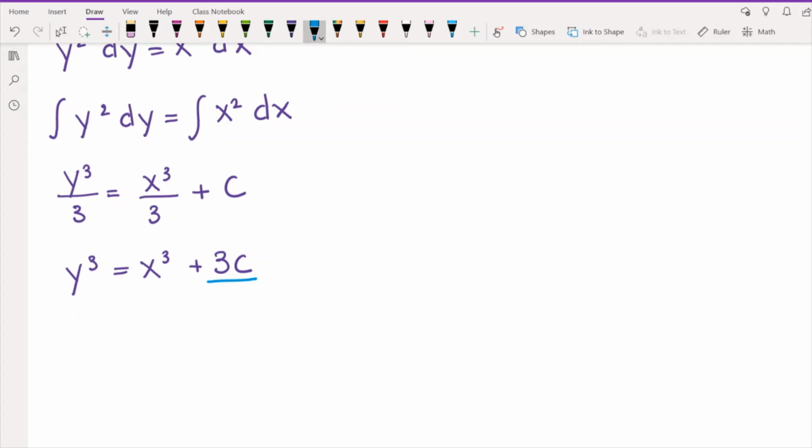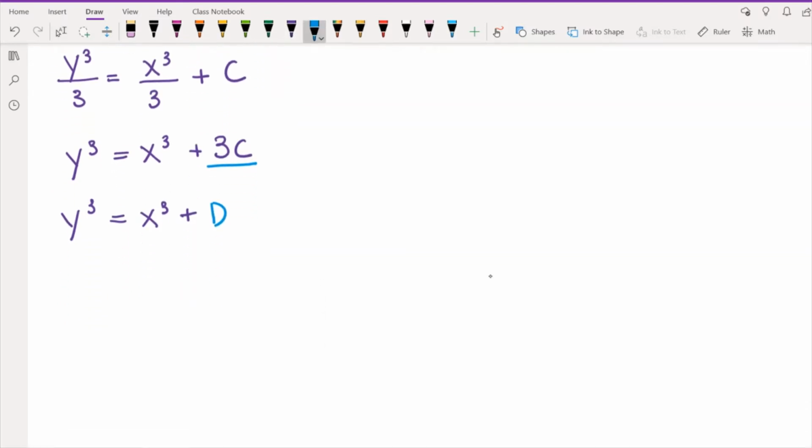So if you have 3 times any possible number, that's still just going to be any possible number. You can always get a number by doing 3 times something. And so we can take this constant 3 times c and just rename it. You could rename it as just c again. It's a little funny, but I prefer to just give it a new name. So I'm just going to call it d.